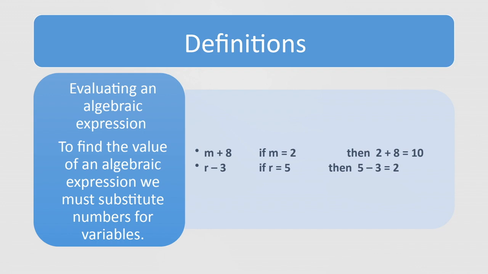And then in the second expression, r minus 3, if we let r equal 5, we put 5 in where the r is, and we get 5 minus 3, which equals 2. So we can evaluate algebraic expressions by substituting in numbers for variables.